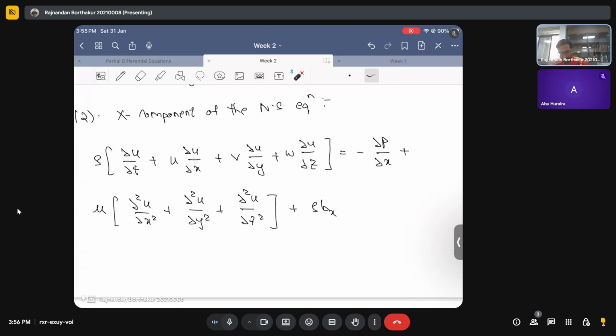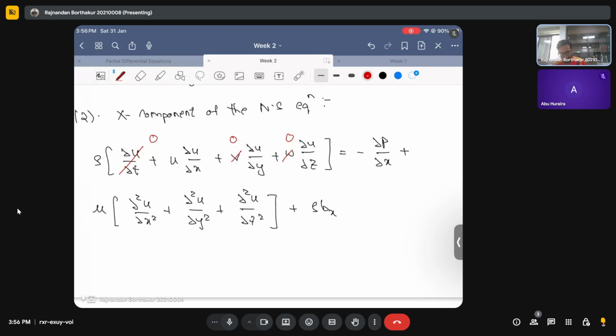All right. So then let's invoke the assumptions now. The first assumption is that the flow is steady, which means that this term will just go to oblivion. I have a rectilinear flow, which means that the y and z components of the velocity go to 0. These two terms are 0.